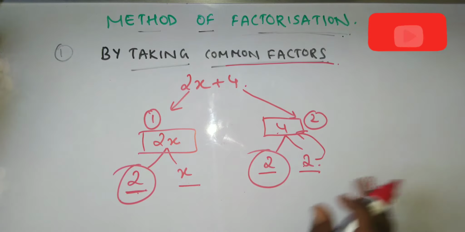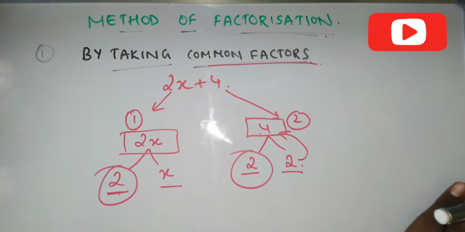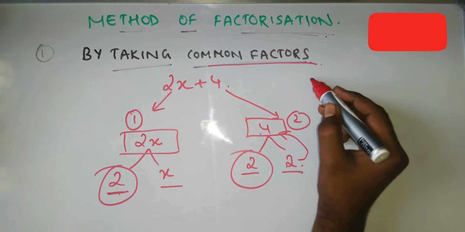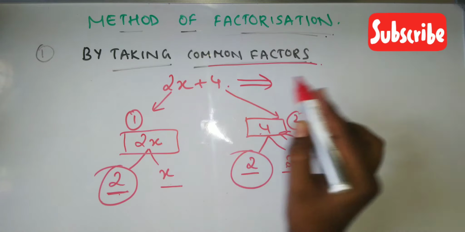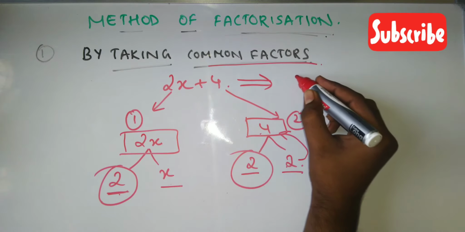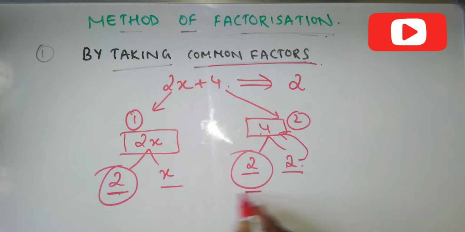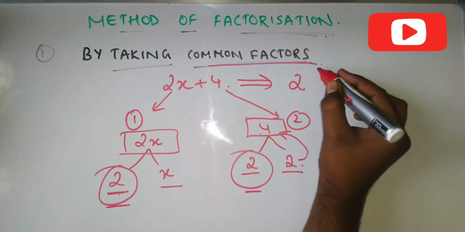Now what you have to do is just write. I can write 2x plus 4 as: take 2 outside because it is a common factor, then put one bracket.